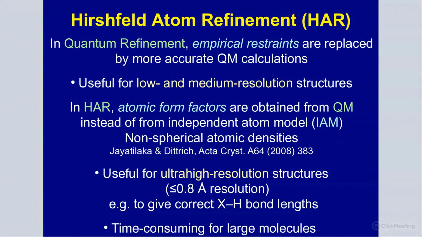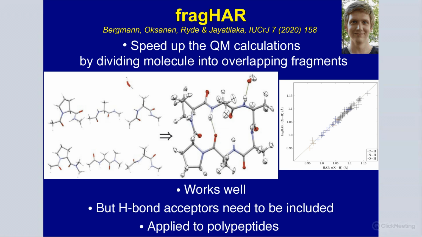And of course, as the structure becomes bigger, the standard form of HAR becomes very time consuming. So what we did a few years ago with Justin, we developed the Frag-HAR method, where you divide your molecule into overlapping fragments, and you calculate the form factors by quantum chemical calculations for each of these fragments, and then you tie them together.